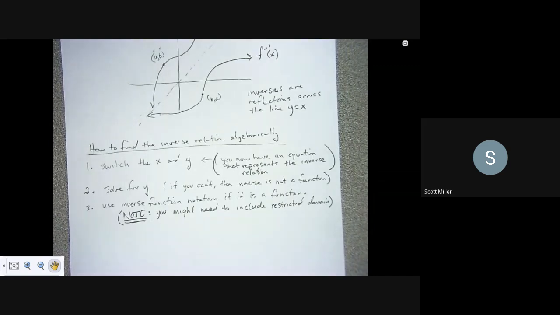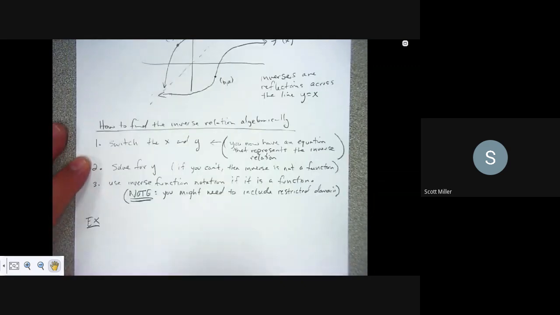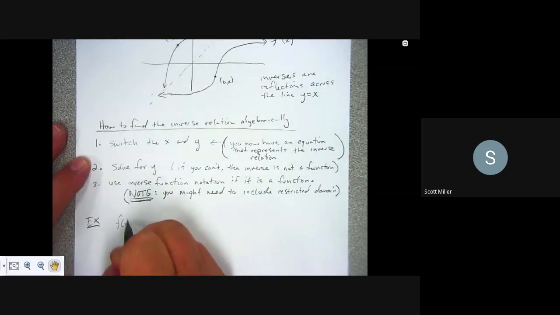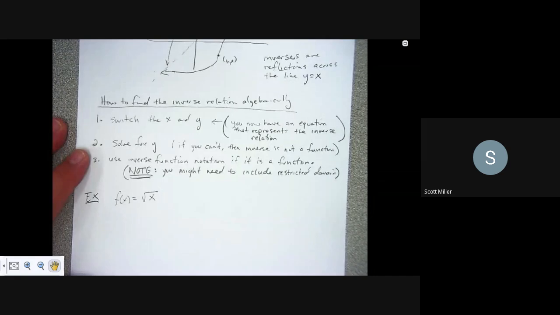I'll show you an example of what I mean and why you got to put a restricted domain. Okay? We're going to start off as soon as you are ready. Here's an example. I want to use f of x equals the square root of x. We already know that that is a function. It's one of our parent functions.